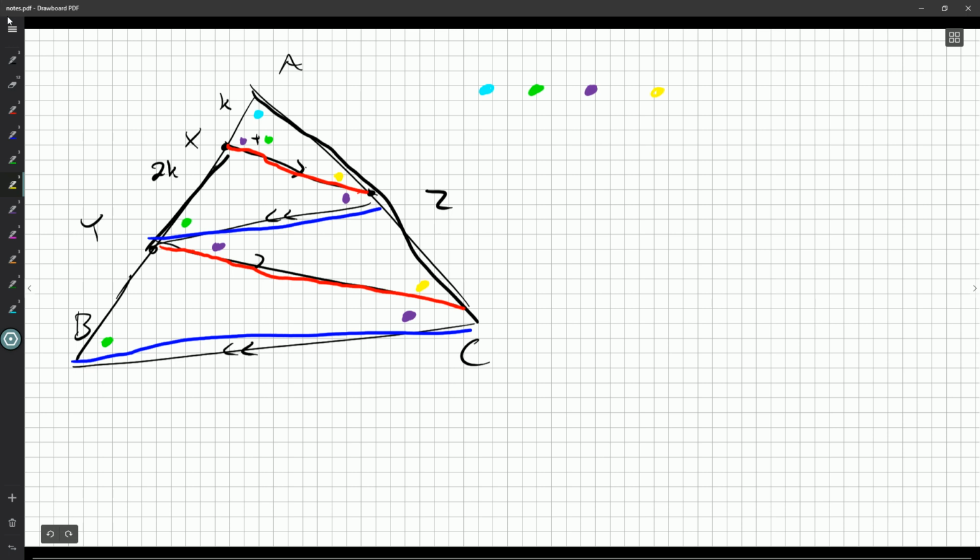That means that we have green plus cyan here. And inside XYZ, we will have yellow plus cyan. We'll also have a yellow plus cyan down here because of this 180, or because they hit at the same angle.